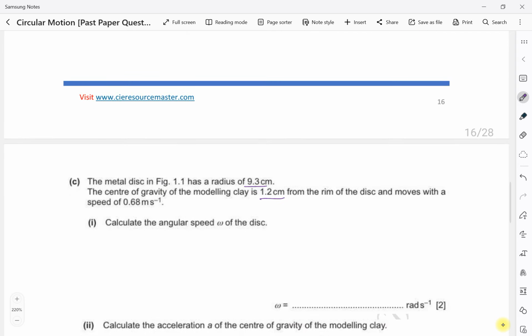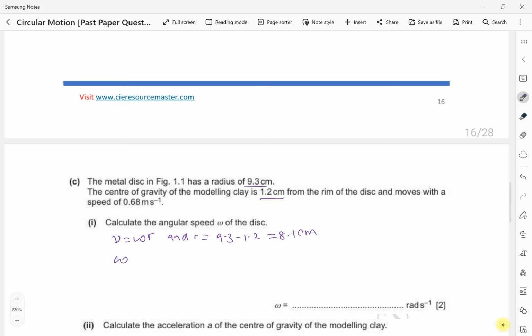Now we can calculate the angular velocity, omega. We know that V equals omega times r, and the radius is 9.3 minus 1.2, which is 8.1 centimeters.